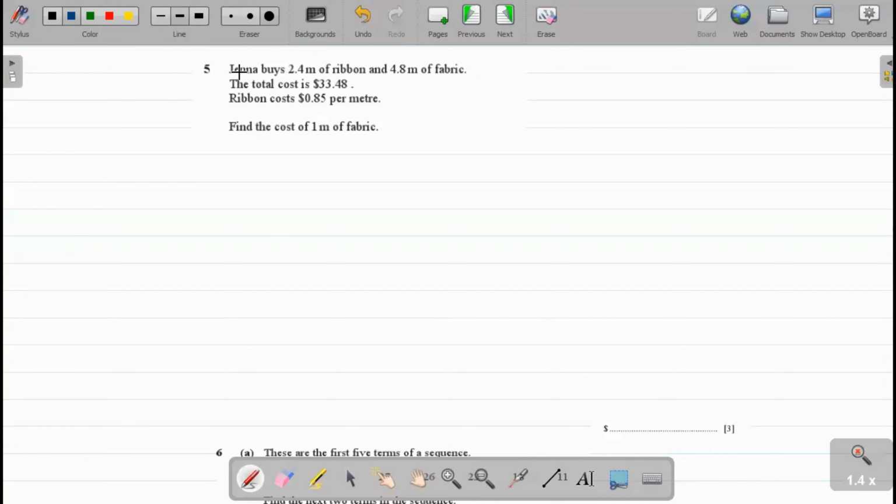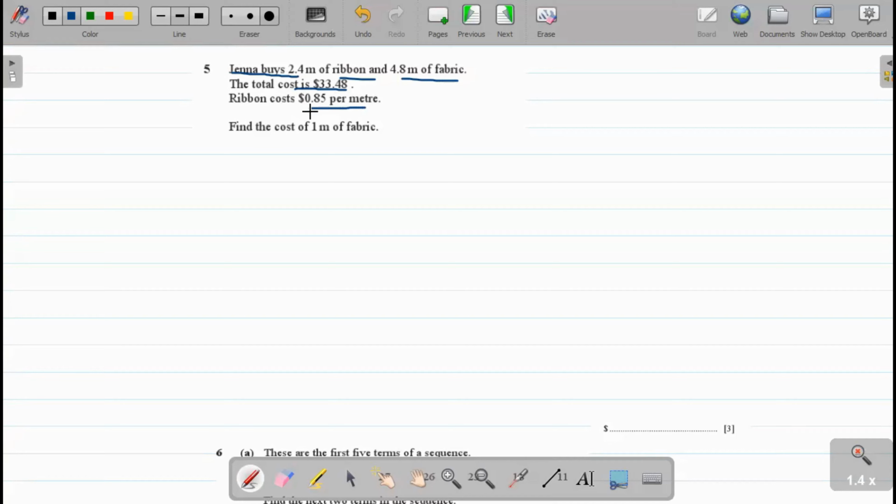Question 5. Gina buys 2.4 meters of ribbon and 4.8 meters of fabric. The cost is $33.48 and ribbon costs $0.85 per meter. Find the cost of 1 meter of fabric.